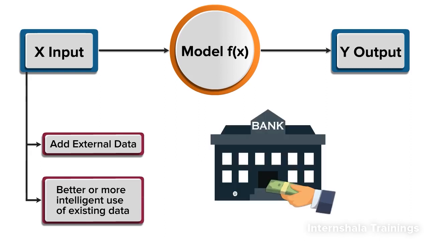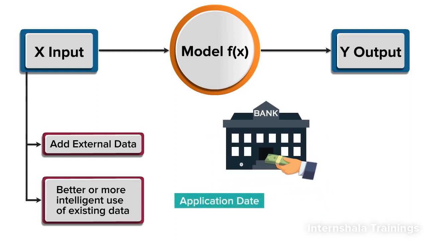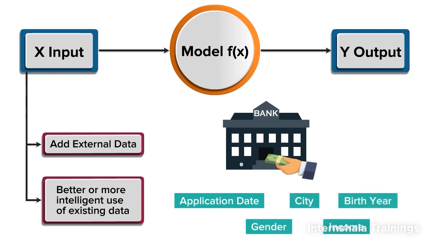Suppose you want to predict whether a customer will be able to pay a loan or not, and you have the details of the customer like the application date, city, birth year, gender, income, etc. Here we have application date and birth year, and using these two features we can calculate the age of the customer. This new variable age may impact the performance of the model, and we will be able to predict the default rate of customer better, right?